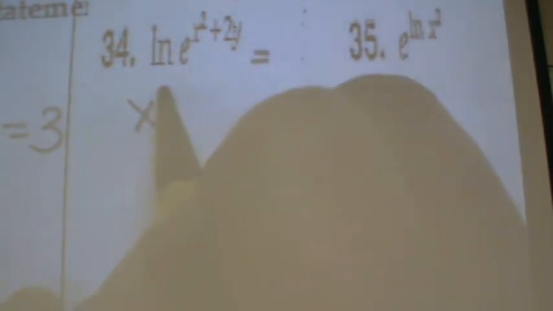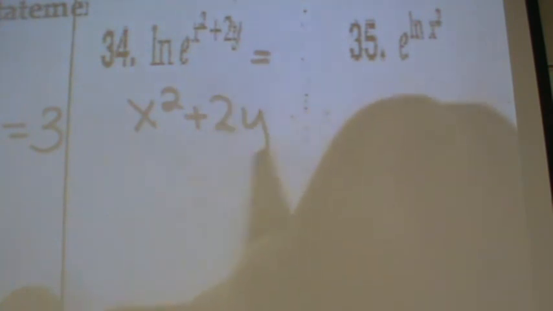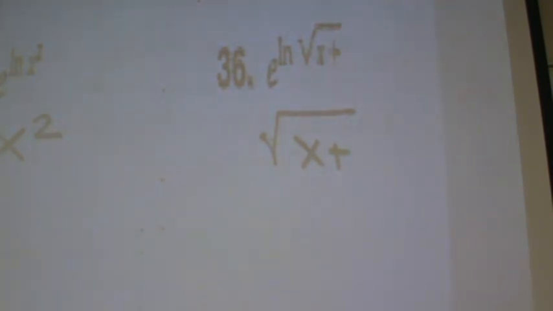This is going to be x squared plus 2y. What's this one going to be? What is it? Robbie? I hear your voice. x squared and the last one. Whatever that is. It's just x plus. Can't see it. x plus, make up a number. Teddy, turn that off.